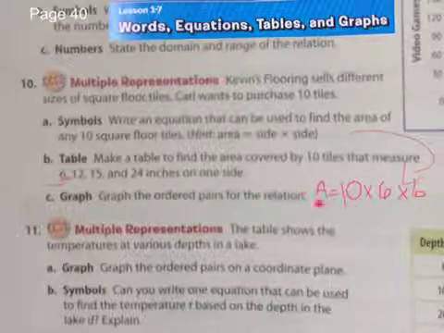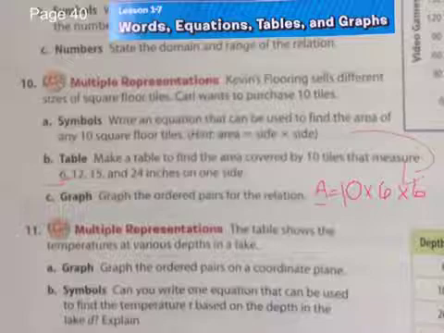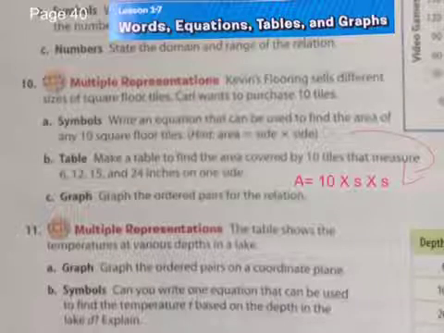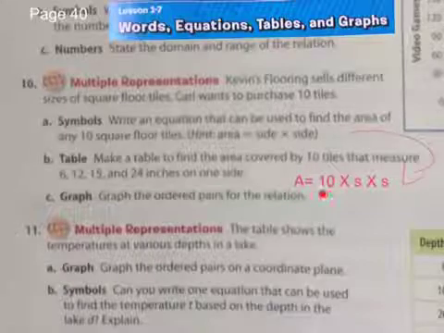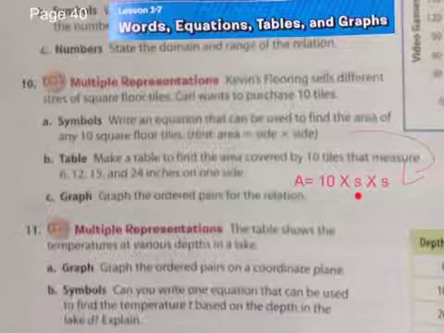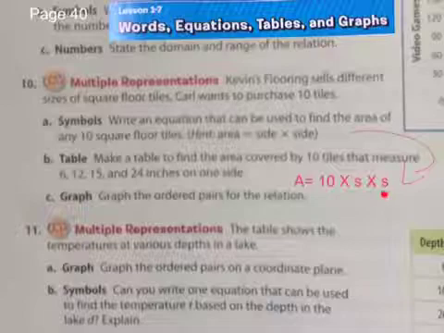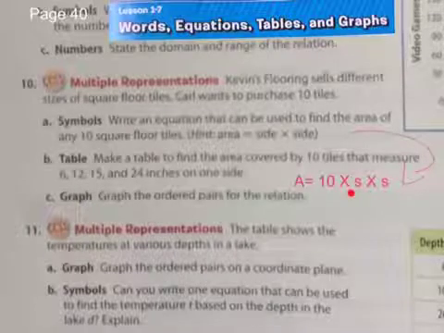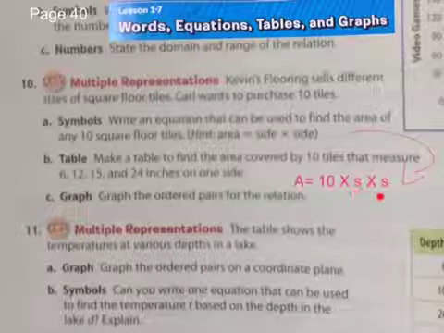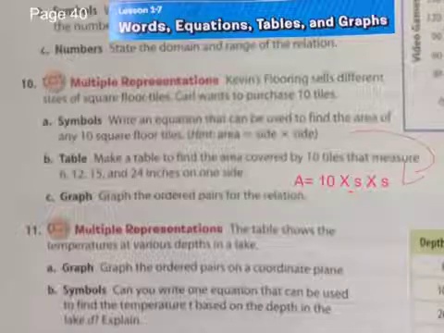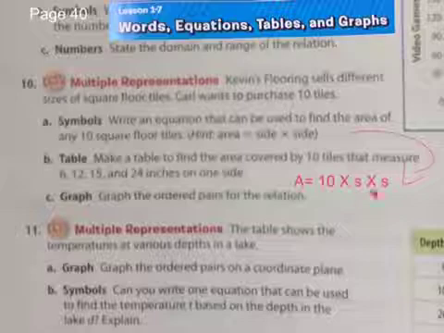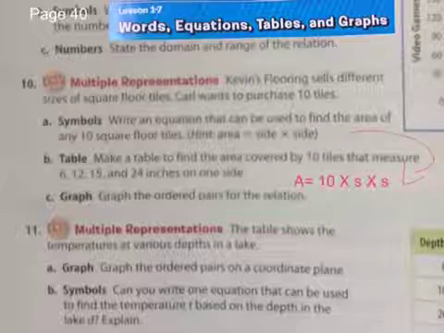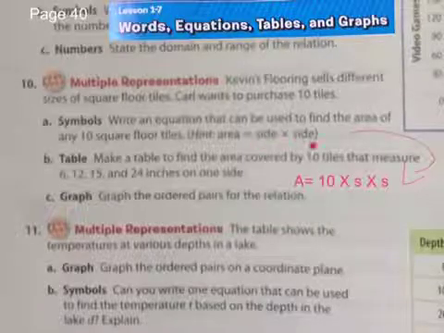But for the sake of writing an equation, we will not write 6, we will write S for sides. So now it's going to be area equals 10 tiles times the side times the side. I kept the same variable S because they're both the same. So area equals 10 times S times S.